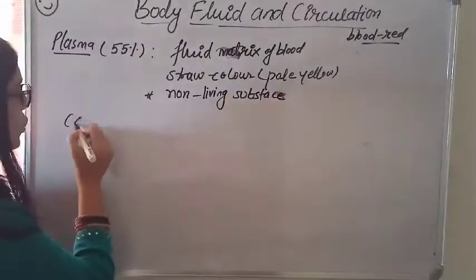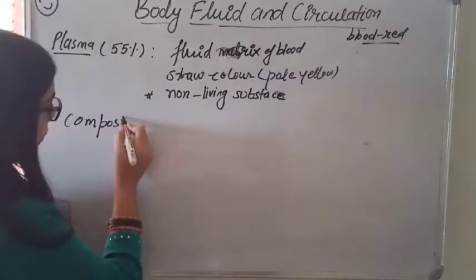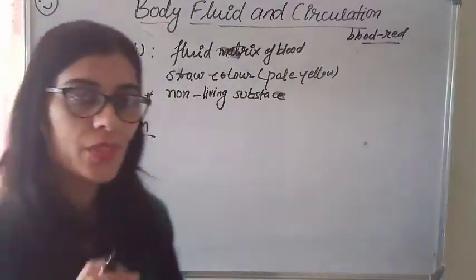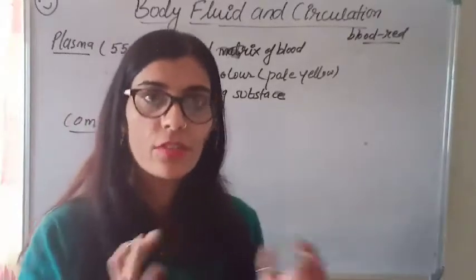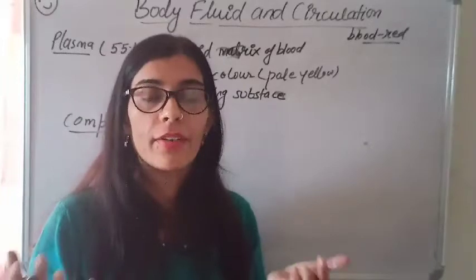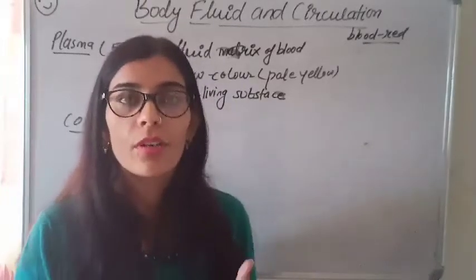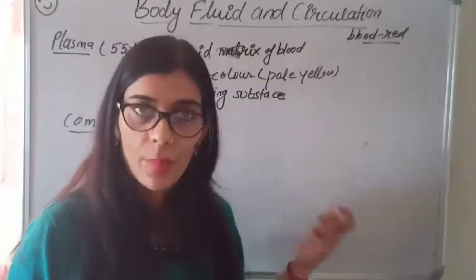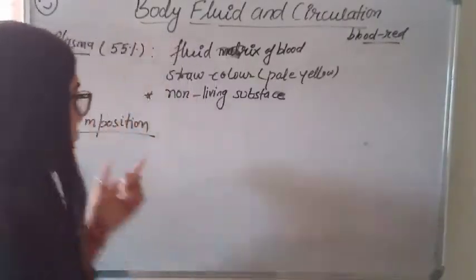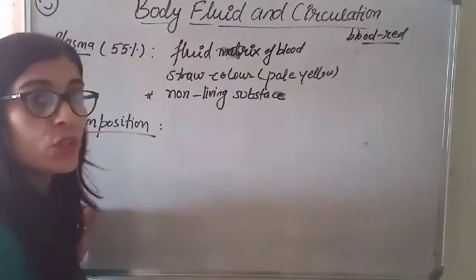Now what is the composition of the plasma? Yes, of course in the blood we have RBC, WBC and platelets, but still plasma has its own composition. The fluid matrix that plasma has prepared is so that all the components can float in the plasma and flow along with the blood. So what's the composition of that?